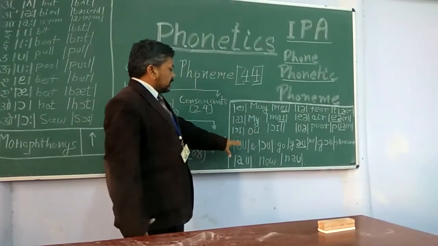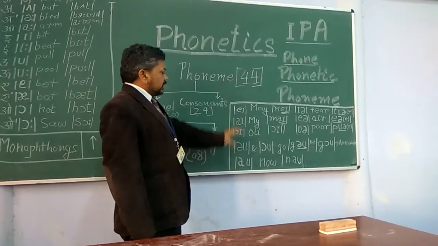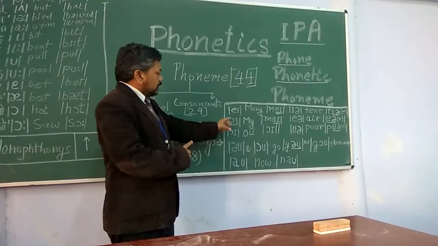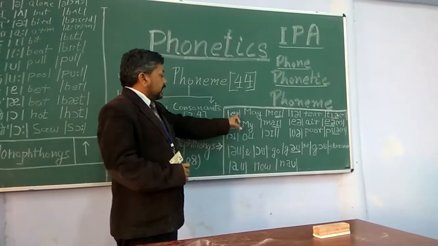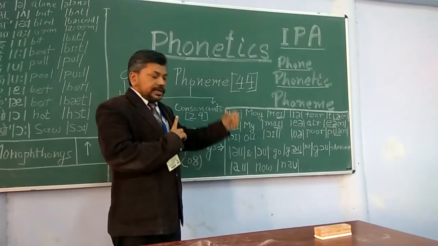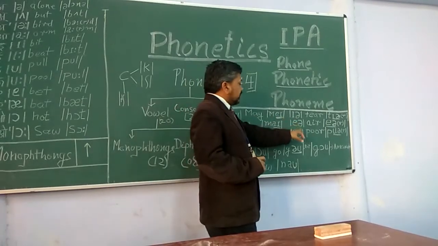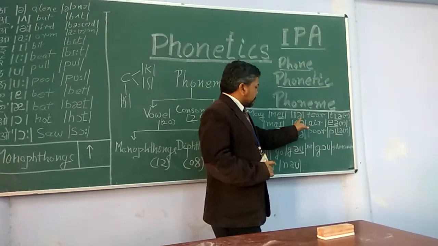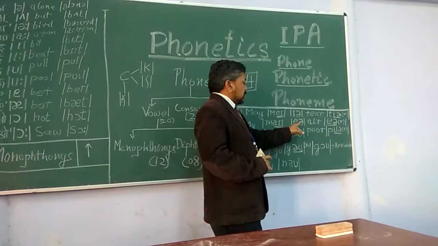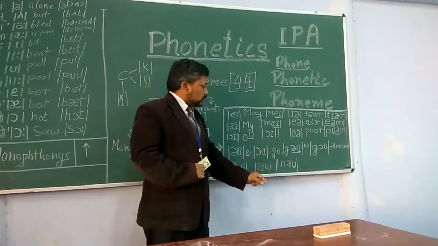Now let us look at the three diphthongs ending in A: ear, air, ua.